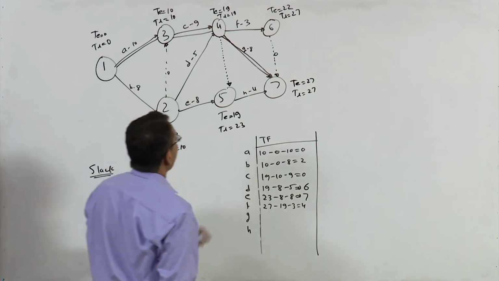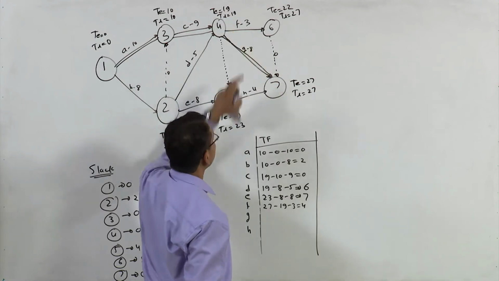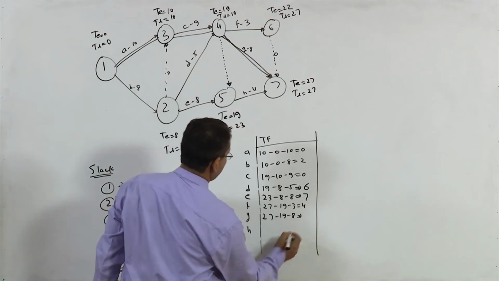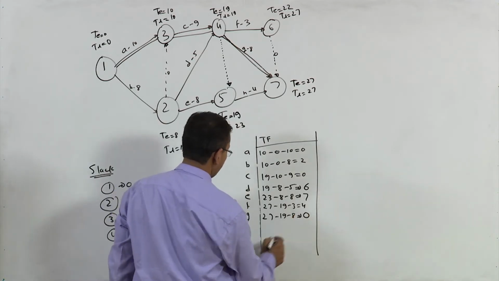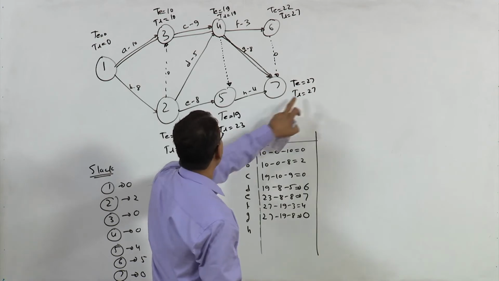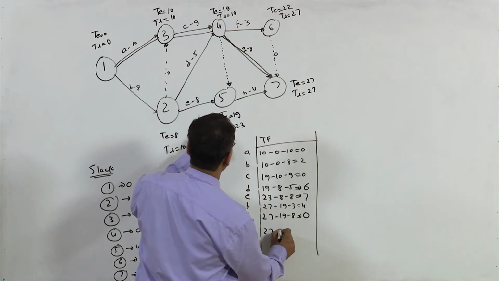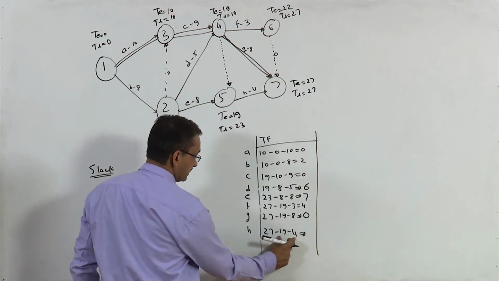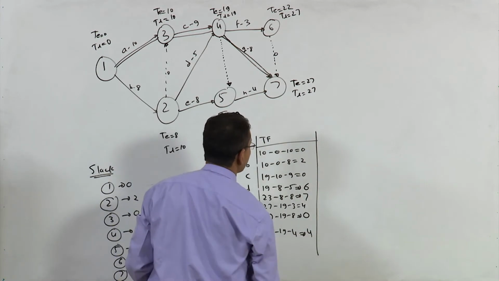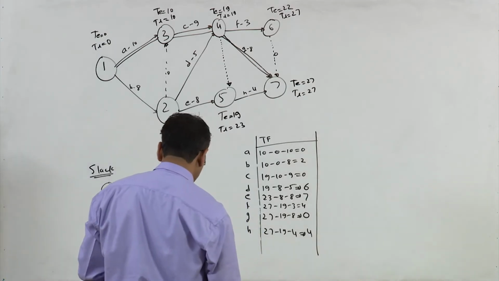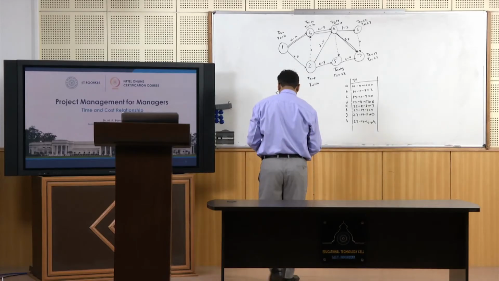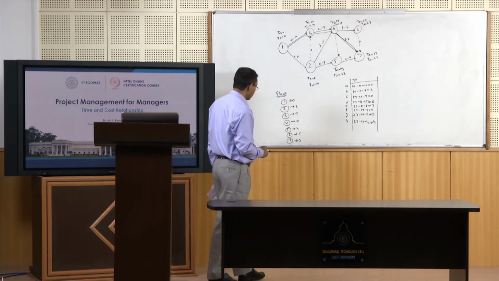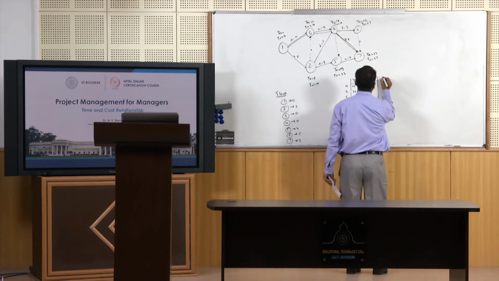Activity G, TL minus TE is 27 minus 19 minus 8, so this is 0. H, TL minus TE, 27 minus 19 minus 4, this total is 23, so this is 4. So this is how you can calculate total float for all these activities, right? Now let us calculate free float.